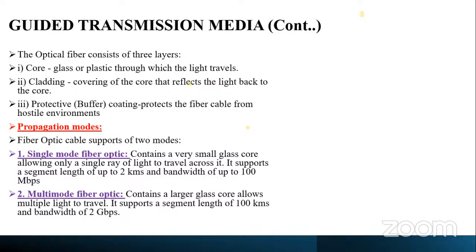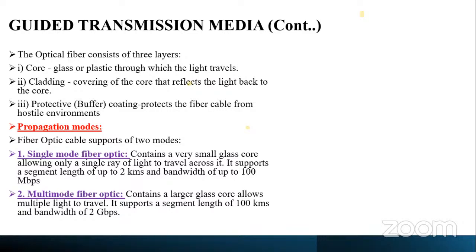As you can see, the single mode fiber optic cable supports a length of only up to 2 kilometers, with a bandwidth of 100 megabits per second. So the limit is only 2 kilometers, 100 megabits per second. 100 megabits per second means it is not even 1 kilobyte.